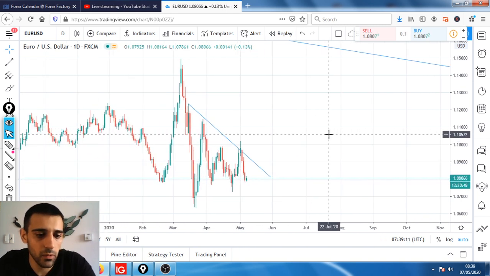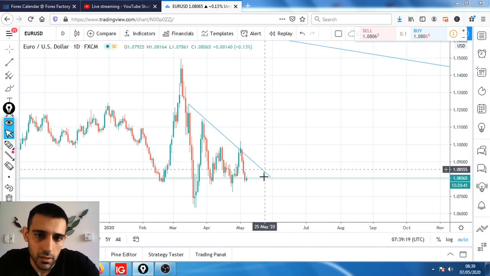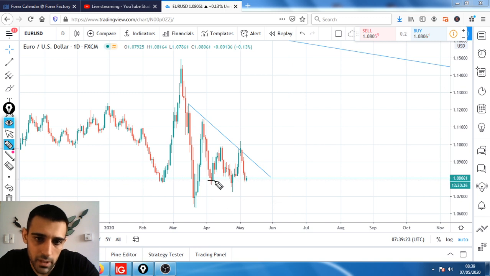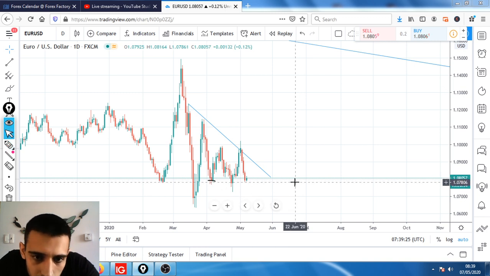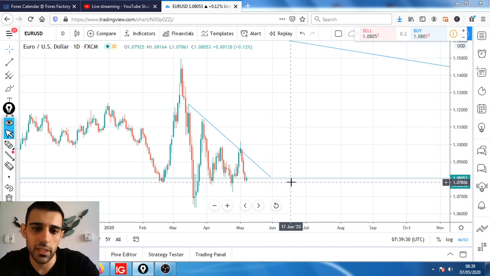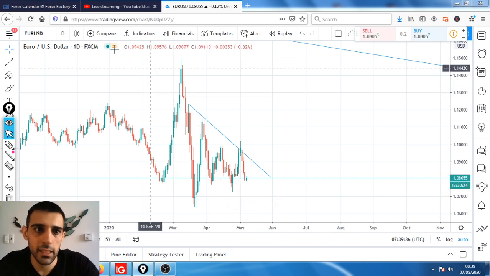Euro is also in this sort of choppy range up here. The price came down to this support level, and this is pretty close. So the price is down to this support area, and now the price is testing it.